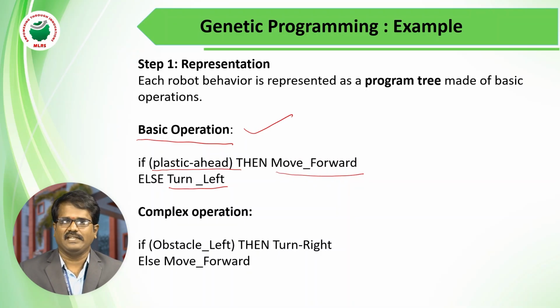Suppose the same navigation code is represented in a slightly more complex manner. If there is an obstacle on the left side of the robot, such as rocks, stones, trees or water zones, what can the robot do? It turns right. Suppose there is an obstacle on the left side, then the robot immediately turns to the right side.